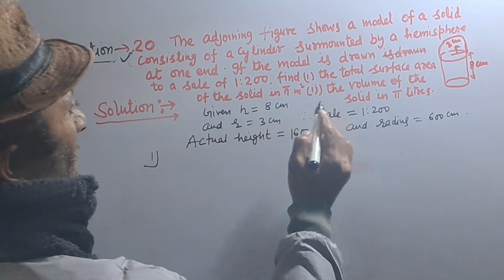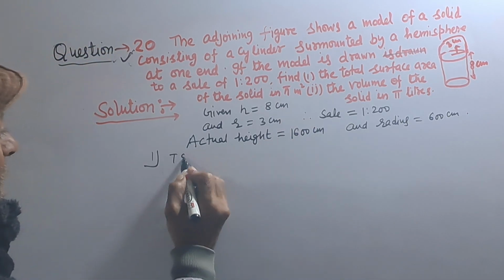First part, total surface area of the solid.